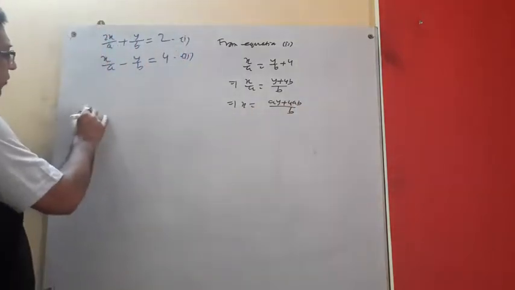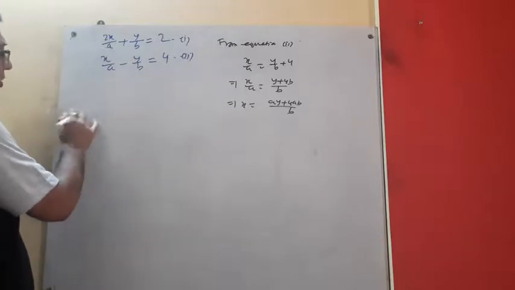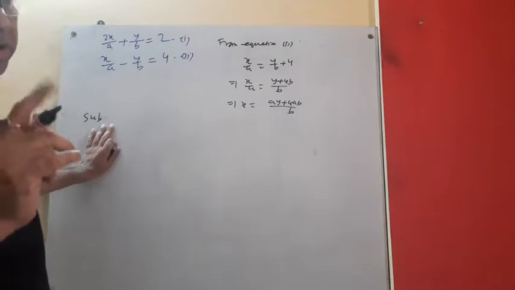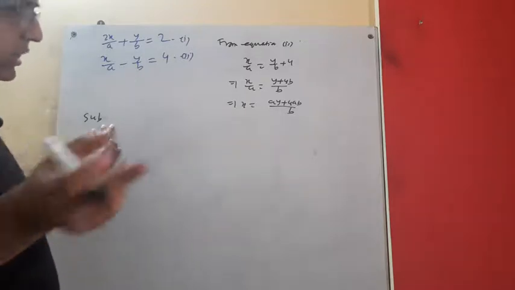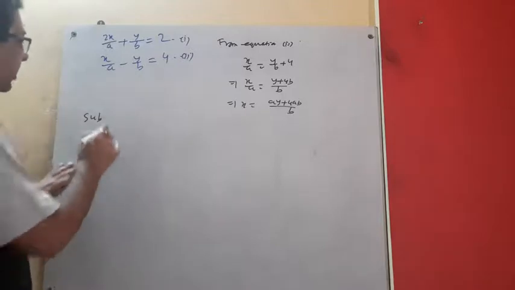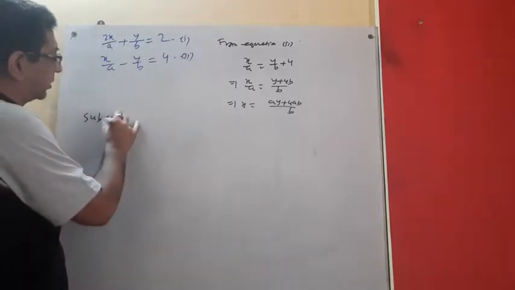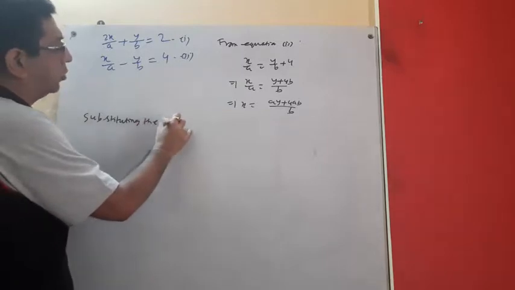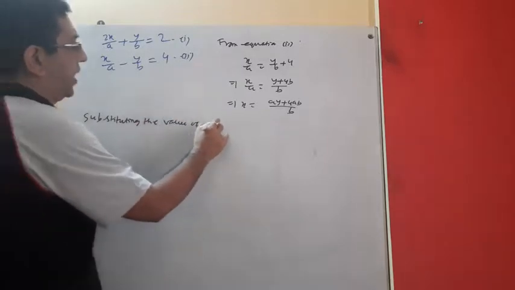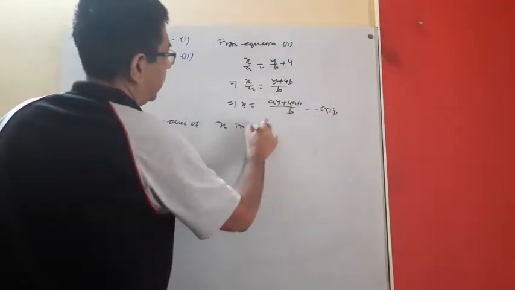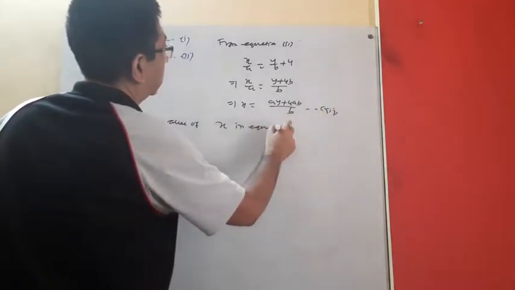Substituting the value of x in equation 1. Here you should write substituting the value. You don't write putting. In the last two sums most probably I have written putting. Write substituting. This is the keyword.